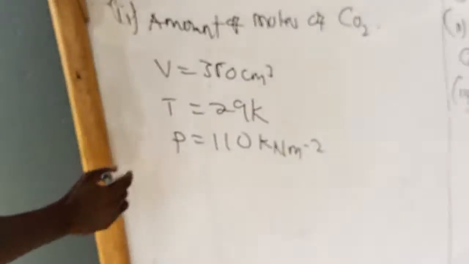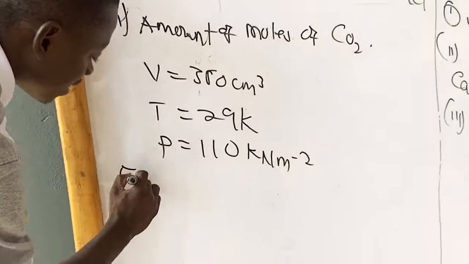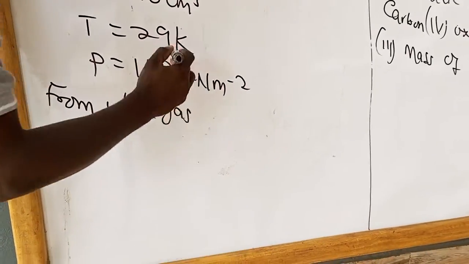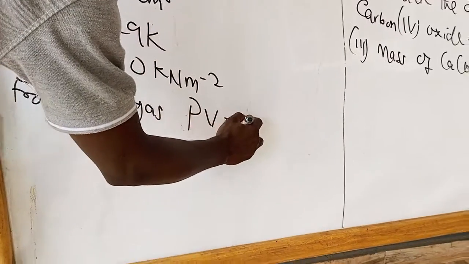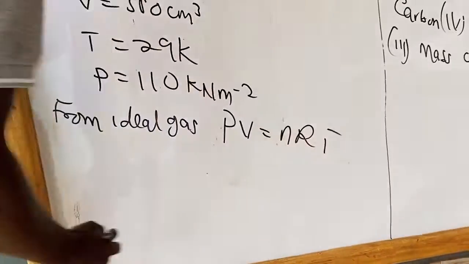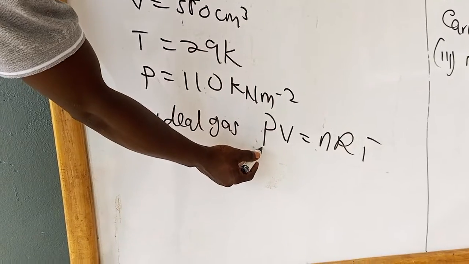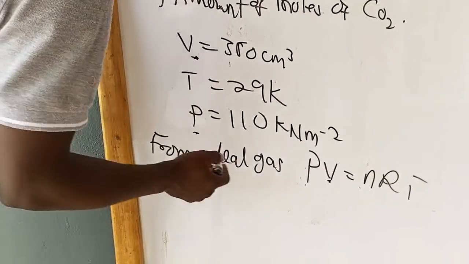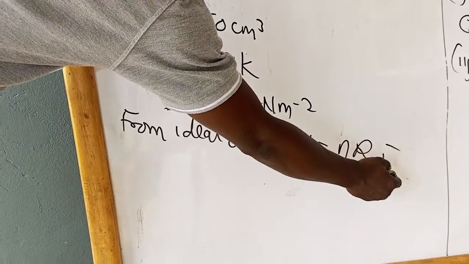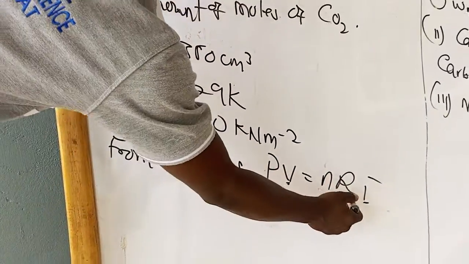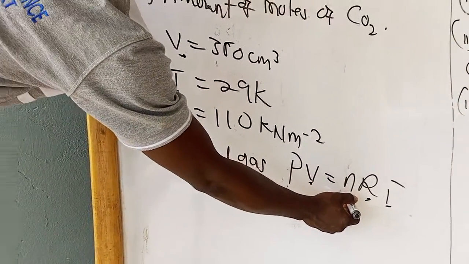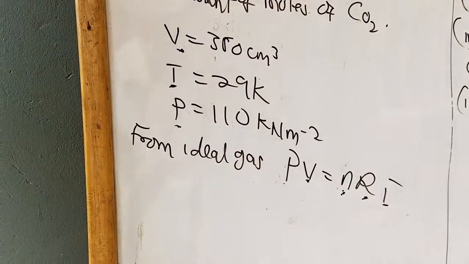So what you can see, the relation here is the ideal gas equation. We set PV equal to nRT, where P is pressure, which is given; V is volume, which is given; T is temperature, which is given; and then the constant of proportionality, which we have here. We don't know the amount of substance, and that is what we are going to find.